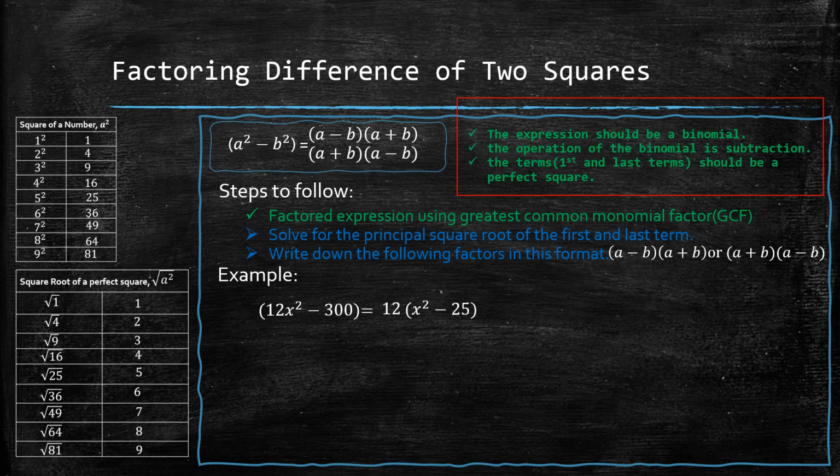Okay, so let's proceed. In the next step, solve for the principal square root of the first and last term. The square root of x squared is equal to x. The square root of 25 is equal to 5. Last, write down the following factors in this format.